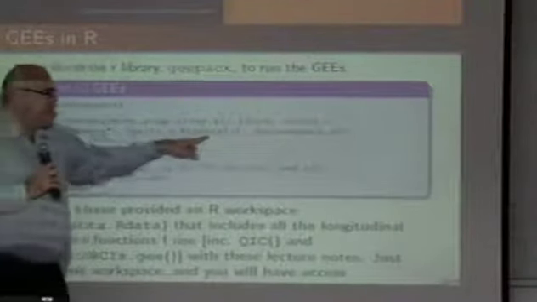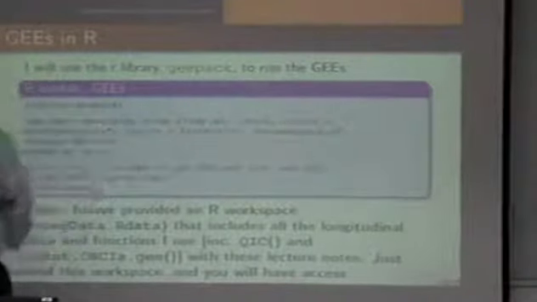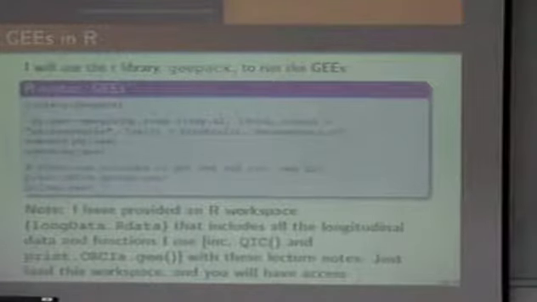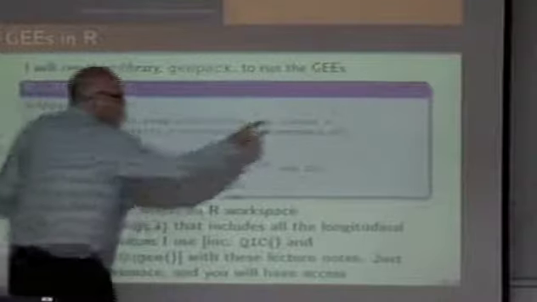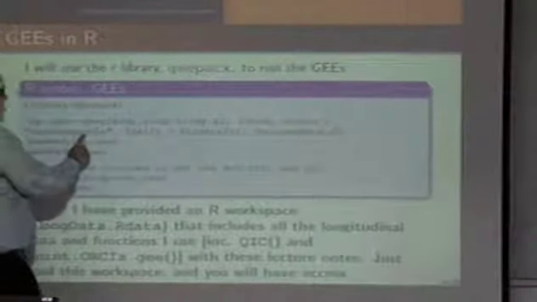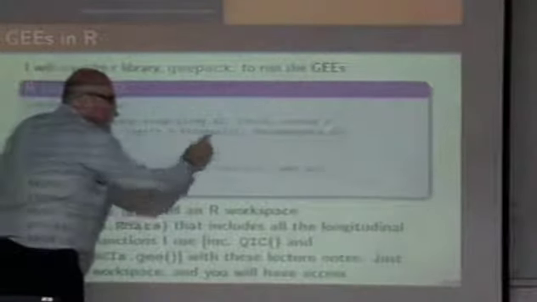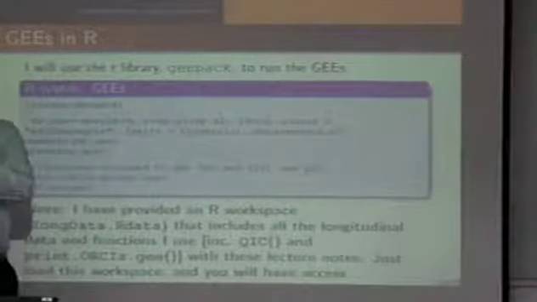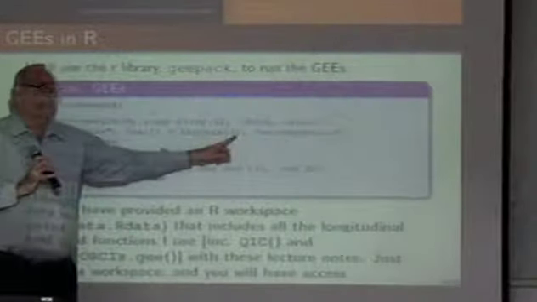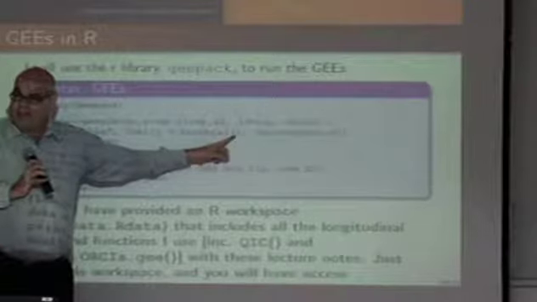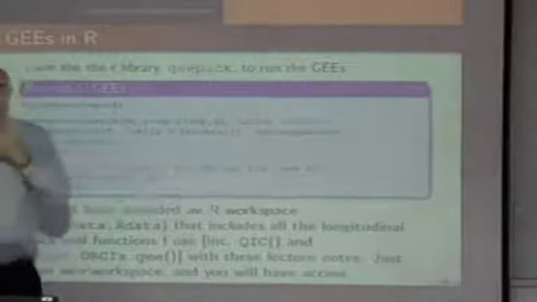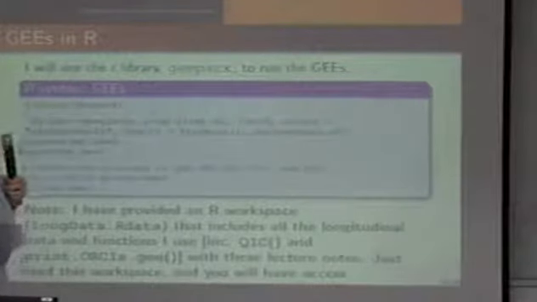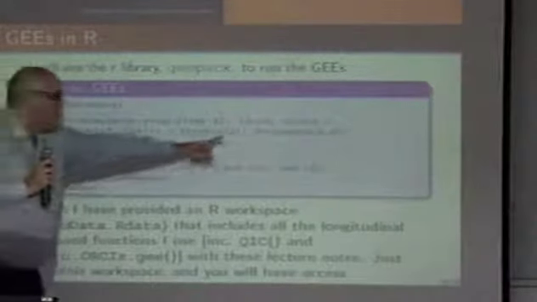Family equals binomial, and here's the data. You can see all of these are quite familiar, what we're specifying here. And by the way, I'm specifying the correlation structure, and I'm specifying the distribution, and by default, the link function, by not putting anything in there. The canonical link for a binomial is the logit. If I wanted to use probit or something like that, I would actually have to write it in.